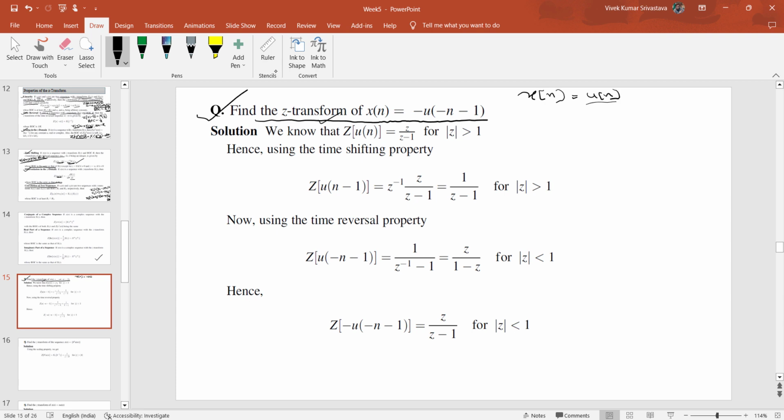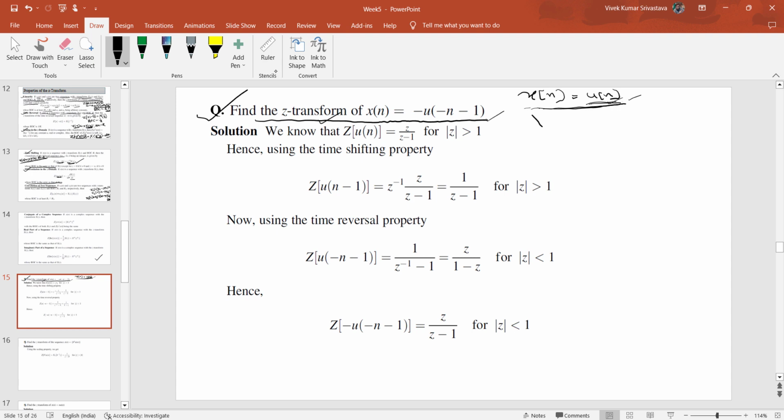Here u of n is the base signal. By using the different properties of the z transform, we can easily convert this signal into the given signal and evaluate the corresponding z transform. So first of all, we will see how to evaluate the z transform of x of n, that is u of n.